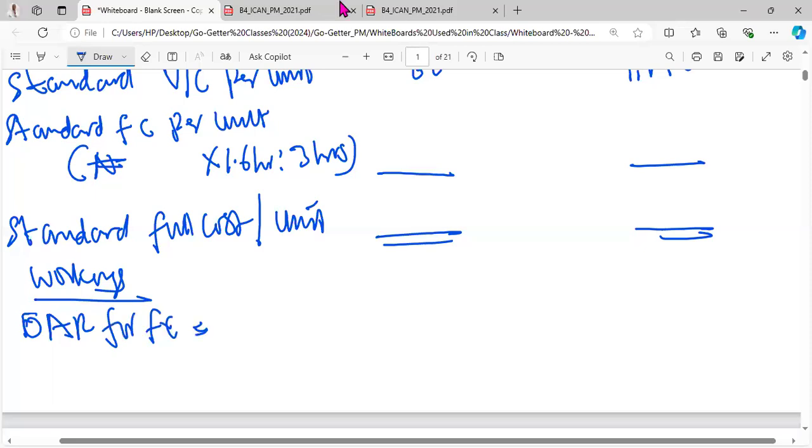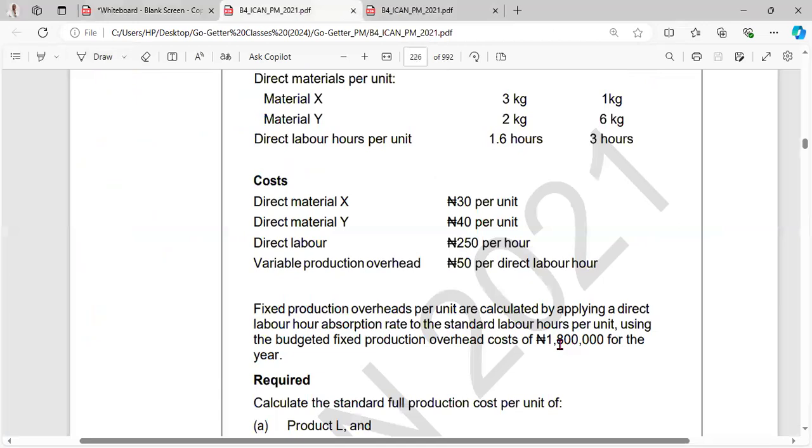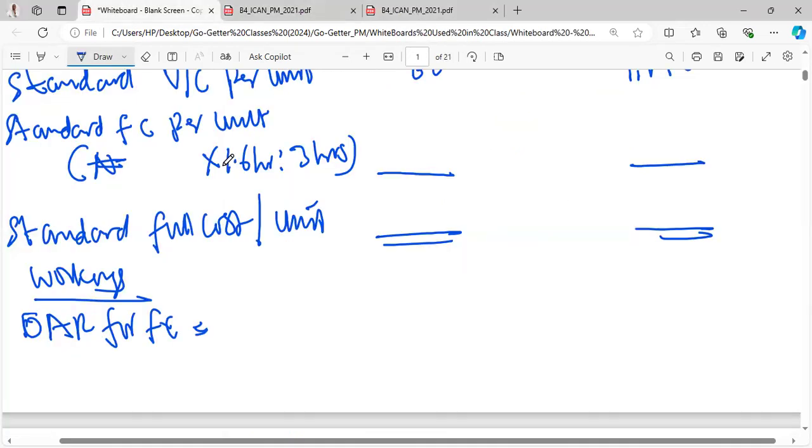So what you do now is, what is the total fixed cost here? 1,800,000. All right. We are going to be dividing this by the total hours that we are going to do.